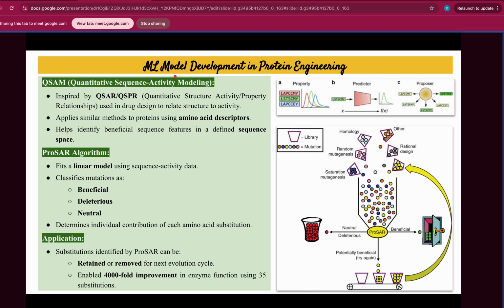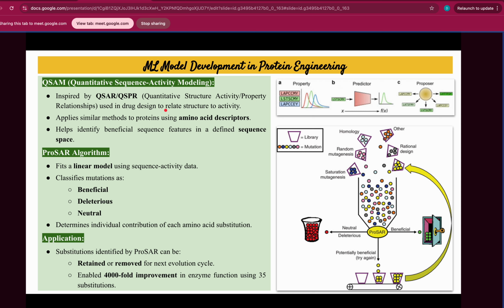And then there are different machine learning models which are used in protein engineering. QSAM is one such model, quantitative sequence activity modeling, in which you compare how the sequence affects the activity. It is inspired by QSAR and QSPR, in which you know how the structure influences the activity, versus how sequence affects property relationships.